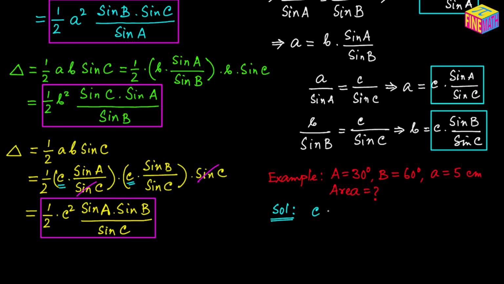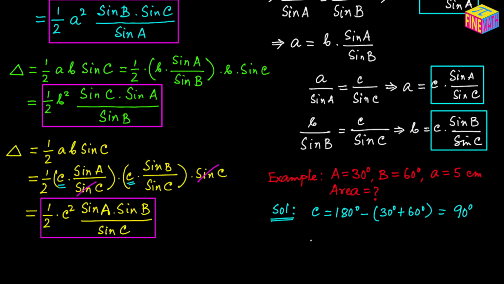So c will be equal to 180 degree minus the sum of the two given angles, which are 30 degree and 60 degree. So this will be equal to 180 degree minus 90 degrees, so that will be 90 degrees. That means this is a right triangle, which is okay, no problem. Now what would be the area then?